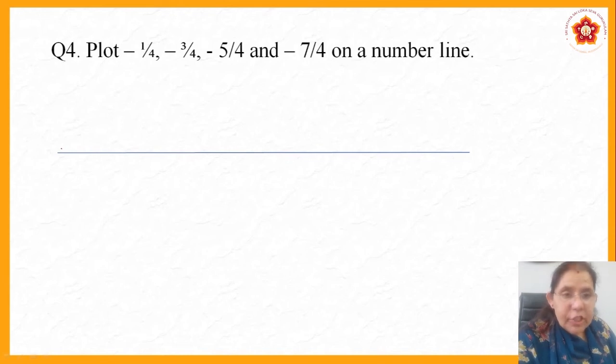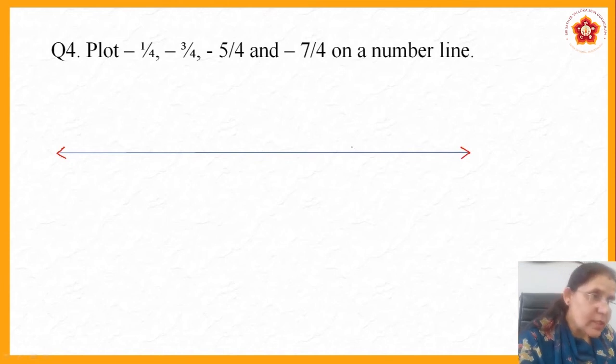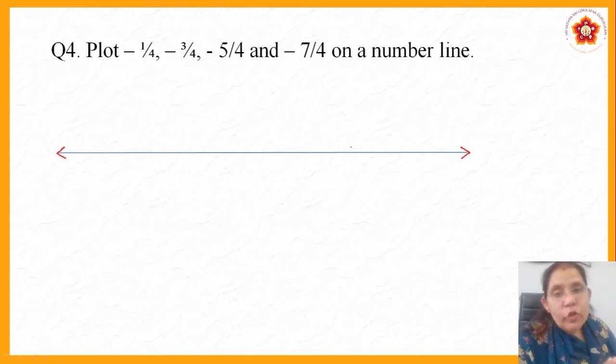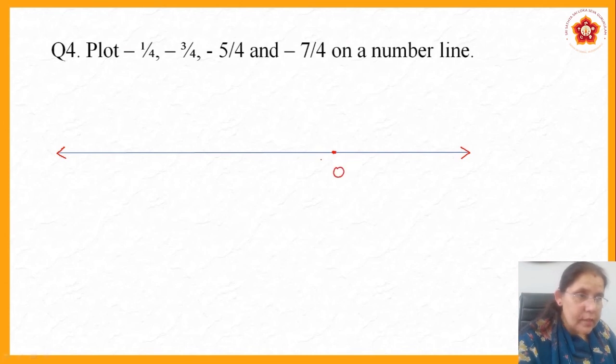These are negative rational numbers. Steps remain the same. Draw a number line, put arrows on both the sides. Now we have to mark the points and all these rational numbers, they are towards the left of 0. So I can take 0 here.